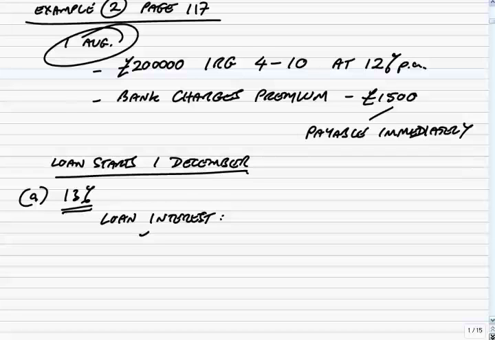It was 200,000. The actual rate is 13%, but of course we're only borrowing for 6 months. And so the interest we'll have to pay, 200,000, I don't really need a calculator, is 13,000.